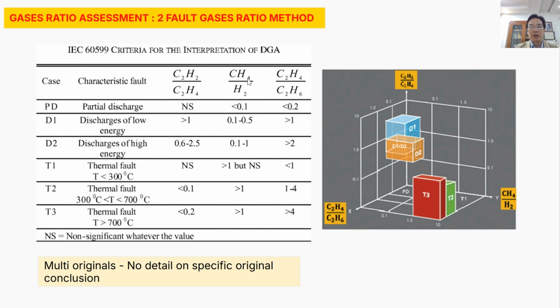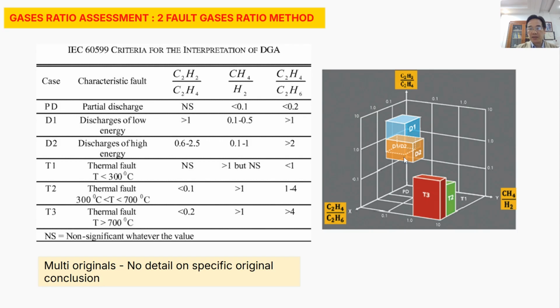If the result we have here falls into a specific cubicle, we can have the root cause of the problem, like in this table. Here we have the cubicle for PD, partial discharge. D1, D2 are discharges with low or high energy. T1 to T3 are thermal faults at low to high temperature.